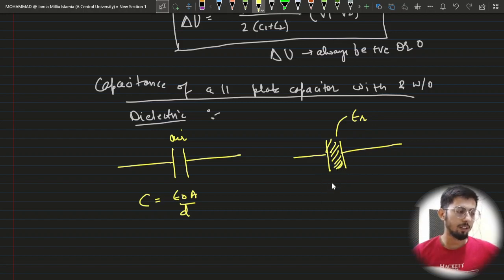In that case its capacitance would be, let's say, C dash, equal to epsilon naught epsilon r A by d.